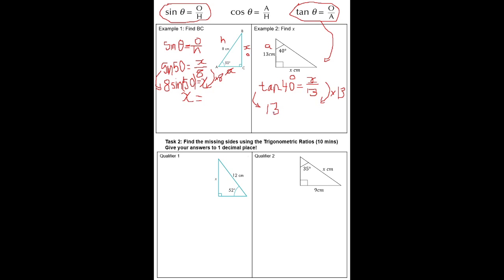And I'm going to get 13 tan 40 equals x. And then we can work that out using a calculator.